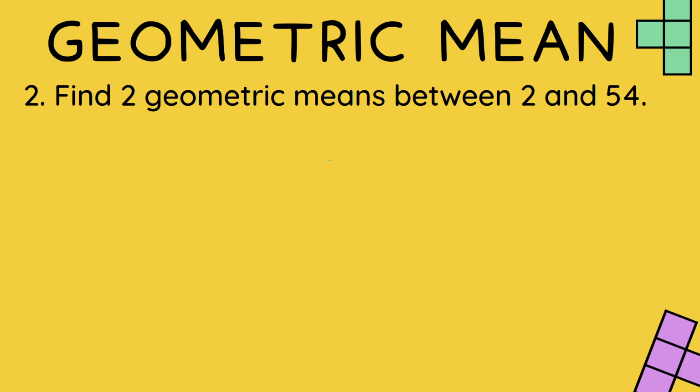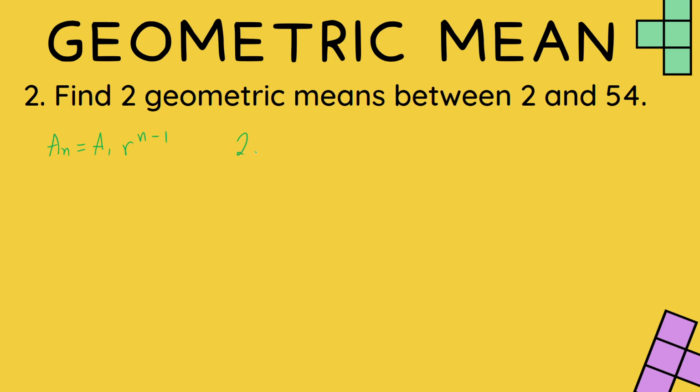Going to look for two geometric means between 2 and 54. So again, listing down our formula, which is a sub n is equal to a sub 1 r to the n minus 1. So with this, we have our extremes 2 and 54.